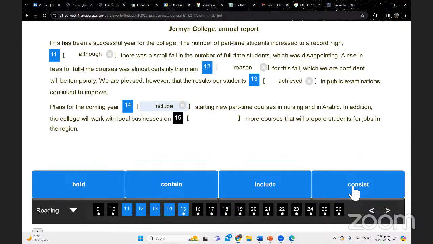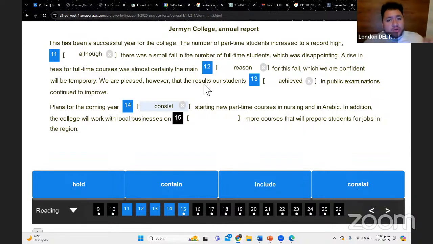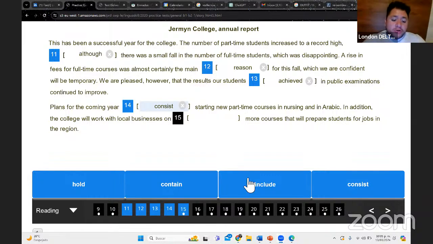Okay, why not consist? When you use consist, you need a preposition which is consist on. Cuando quiere decir consiste en inglés tienes que poner on después de consist. Si tuviéramos un on, pues claramente tendríamos que poner consist. But we don't have it. So we cannot say consist starting. You need to say consist on starting.